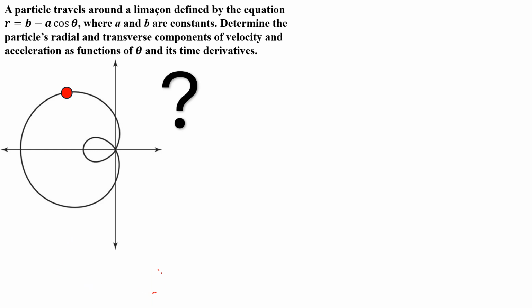Right, to start with now, let me write the velocity, including the radial and transverse component. So the velocity as a vector has these two components. It's equal to r dot u hat r plus r theta dot u hat theta.